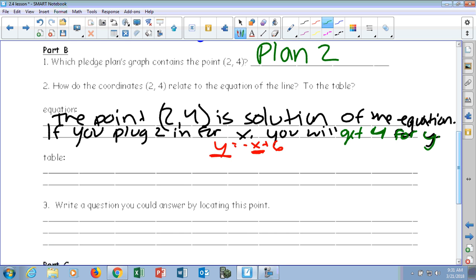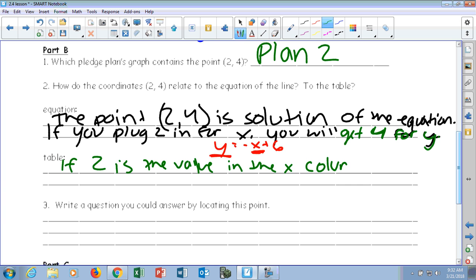What about our table? How could we find it for our table? Brayden basically told us. So what did Brayden say? Brayden, can you explain that again? We're just going to write it in words now. Yeah, so if 2 is the value in the x column, you found where your x was 2.